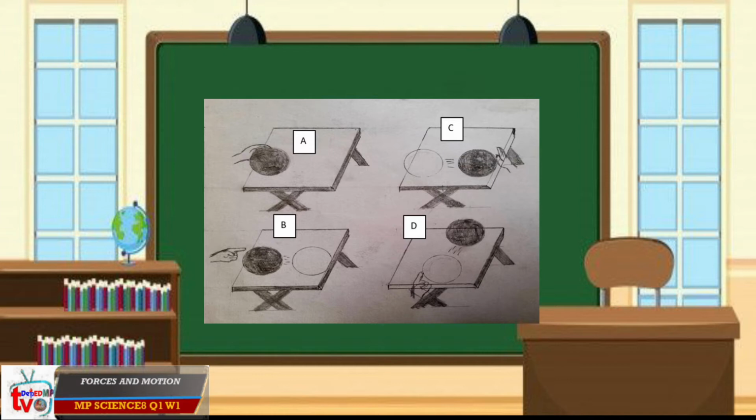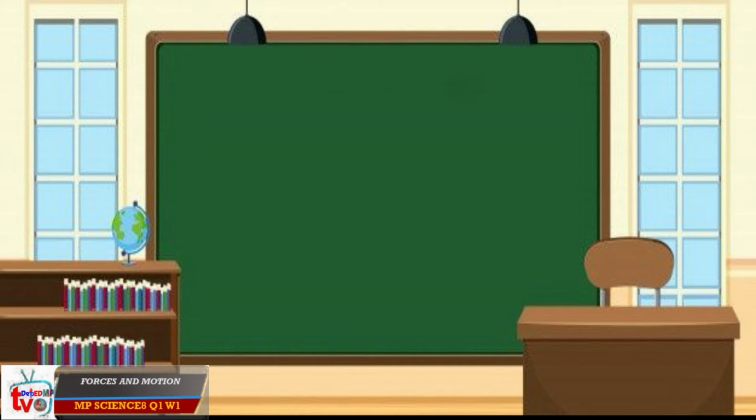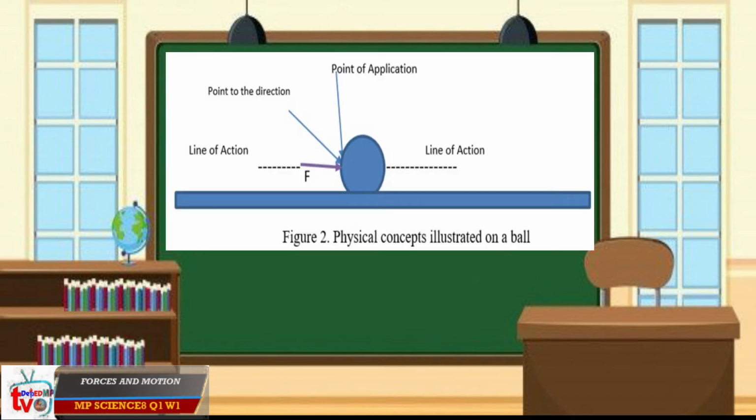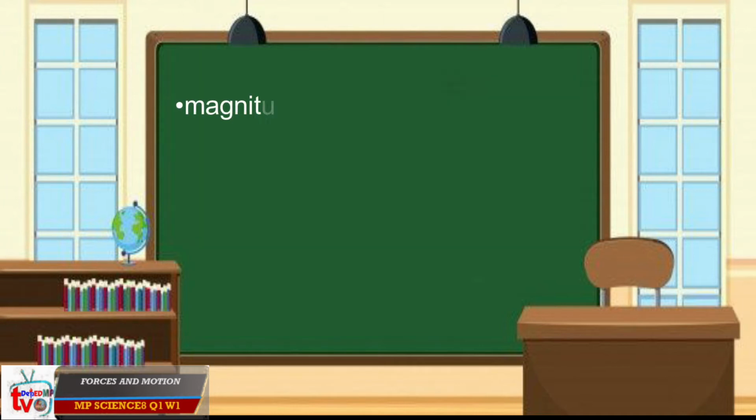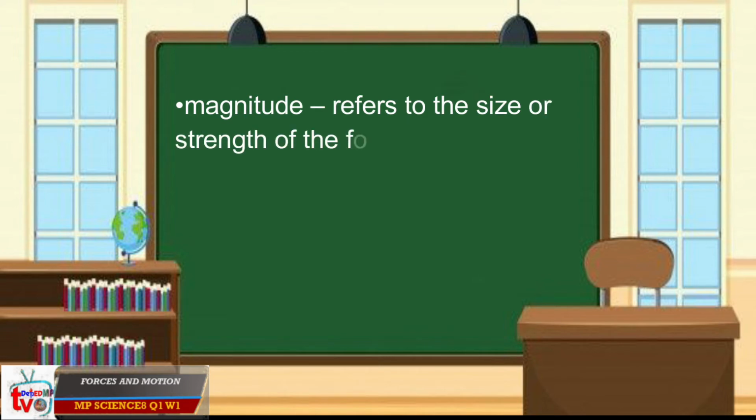To accurately describe the forces acting on an object, let us examine the effect of force on a ball. Let's take a look at figure 2, physical concepts illustrated on a ball. Figure 2 shows how force acts on a ball, but you need to be familiar with the following terms. Magnitude refers to the size or strength of the force.